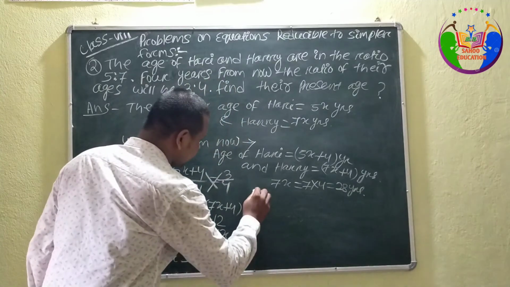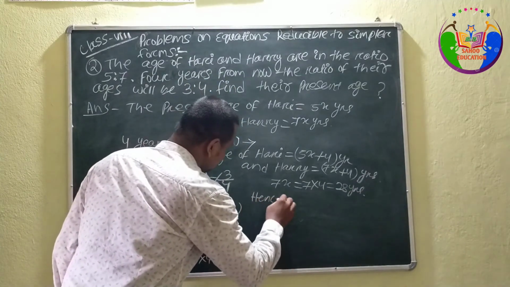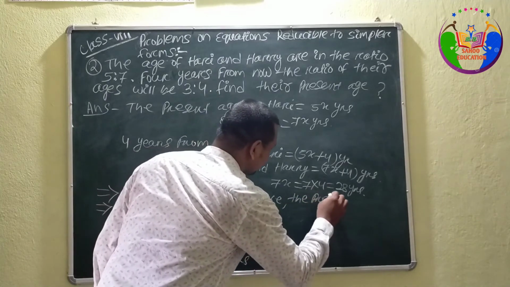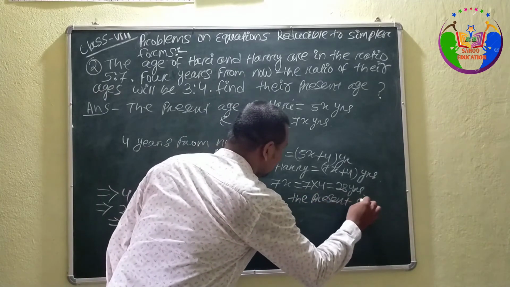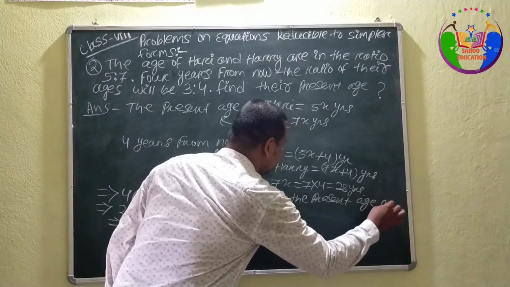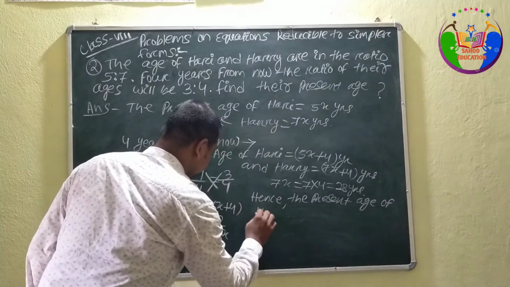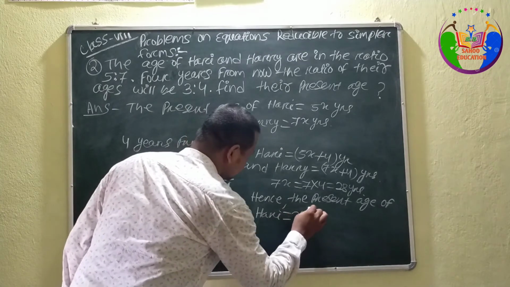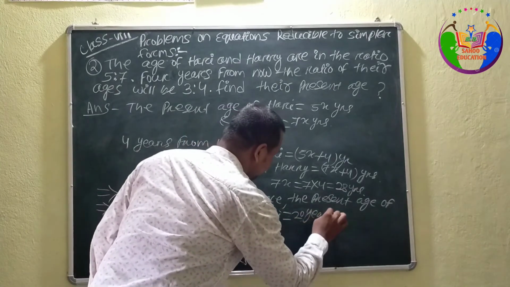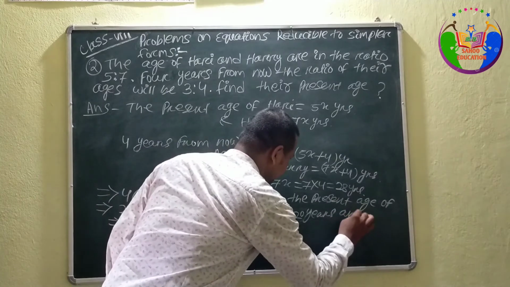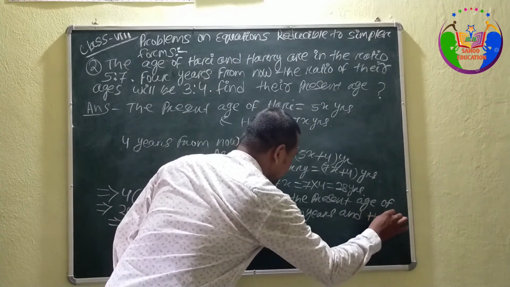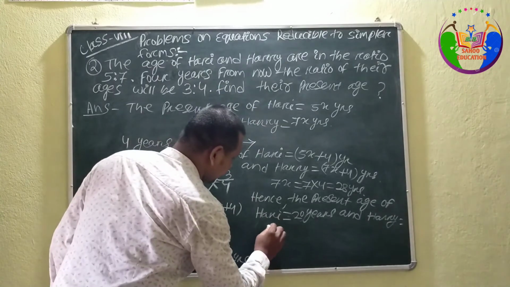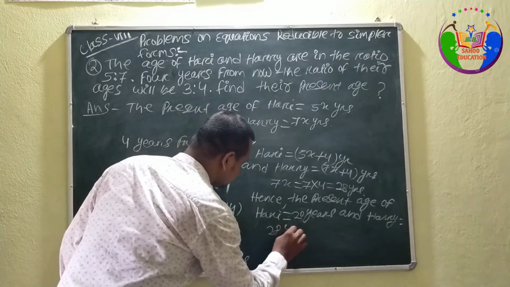Hence we can write, the present age of Hari is equal to 20 years and Harry is equal to 28 years.